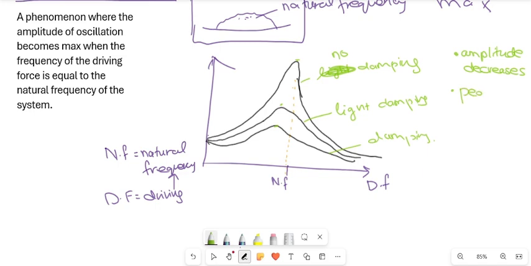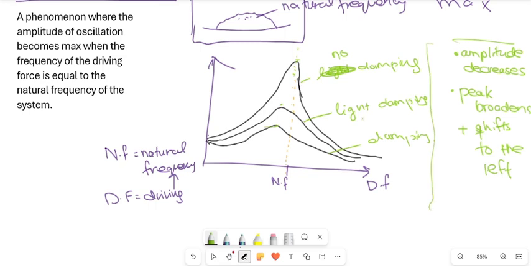So the peak broadens plus it shifts to the left. So you started off on this part, and then you see it got here, and then it started moving to the left. It decreased, it became more broad. So these are the things that happen when damping occurs.